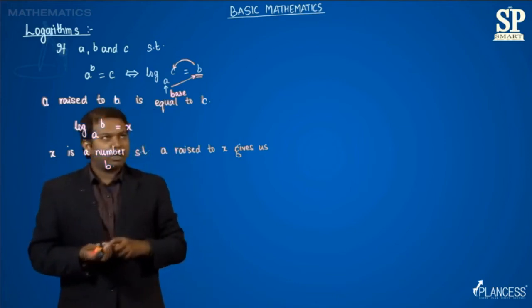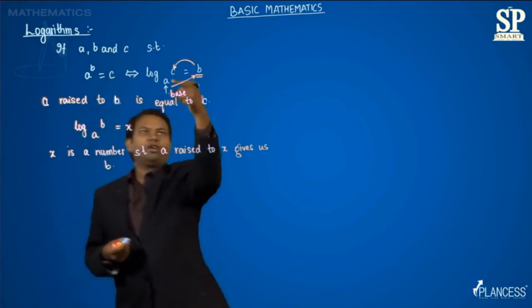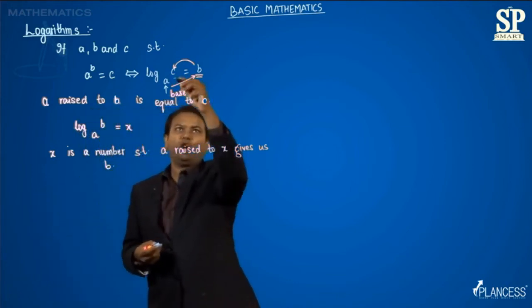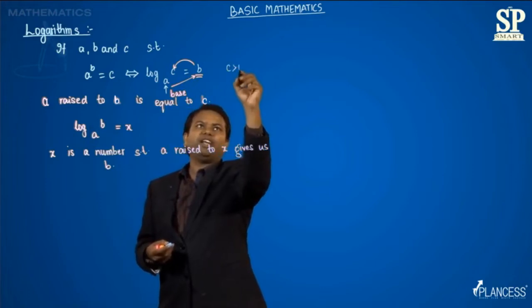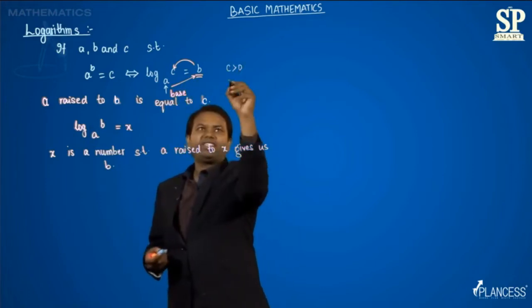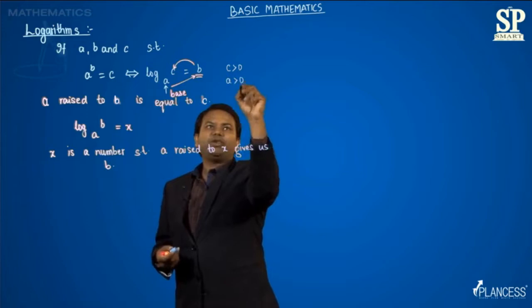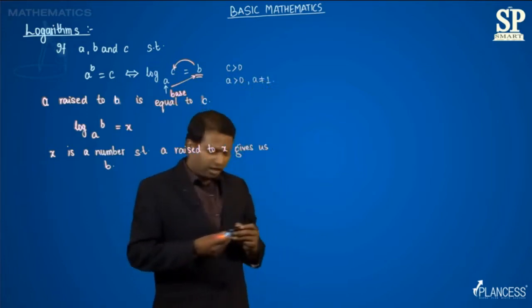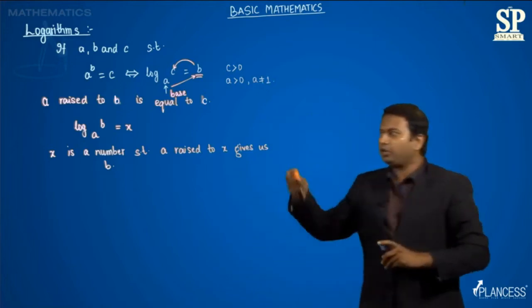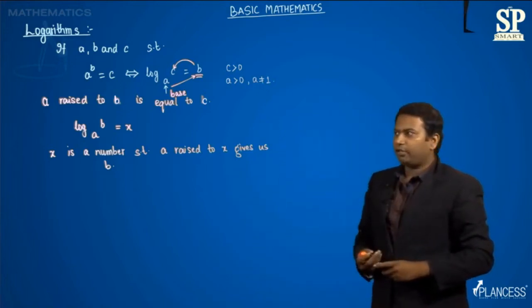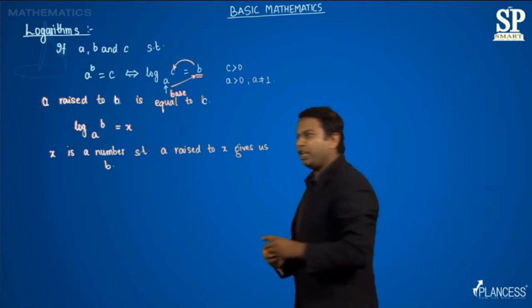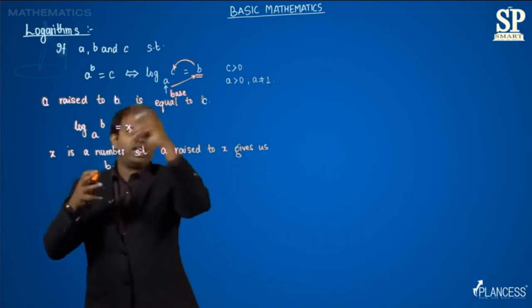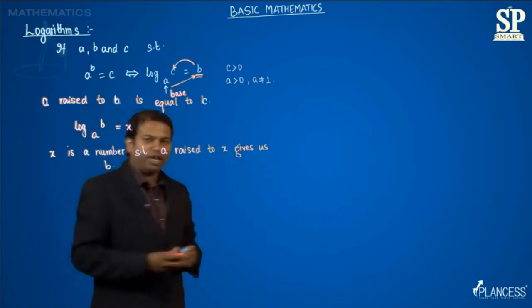Now there are a few conditions which we need to understand. The number C, for which we are trying to find the logarithm, should always be greater than 0. The base A should also be greater than 0, and it should not be equal to 1. I'm sure you might have already studied logarithms in your previous classes, so here we are just discussing this in brief.